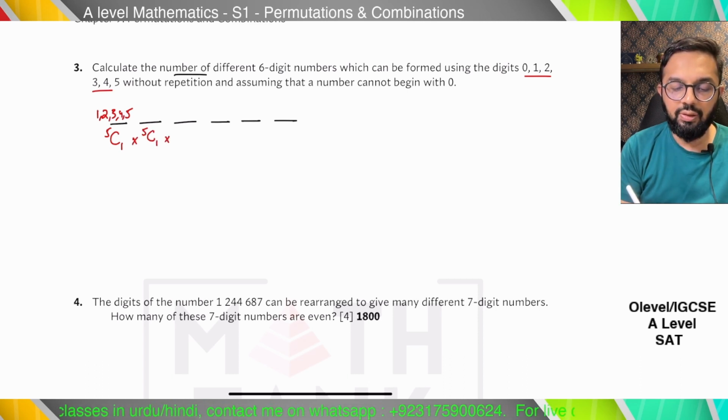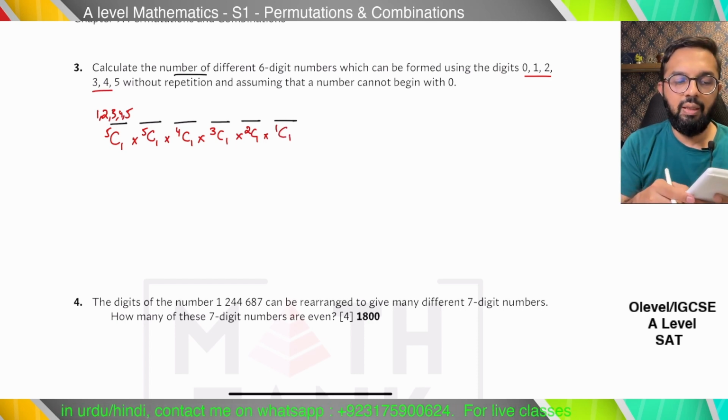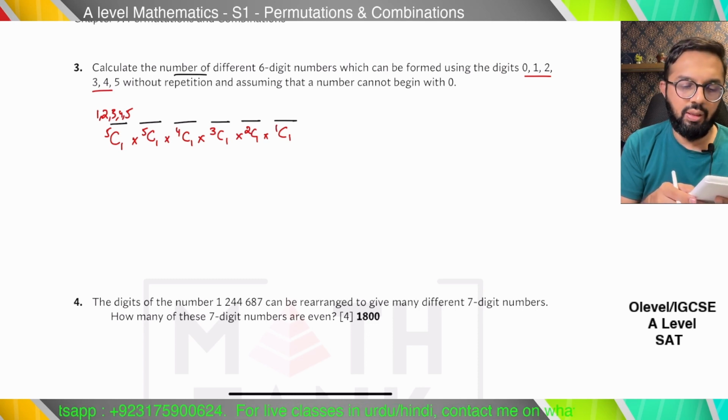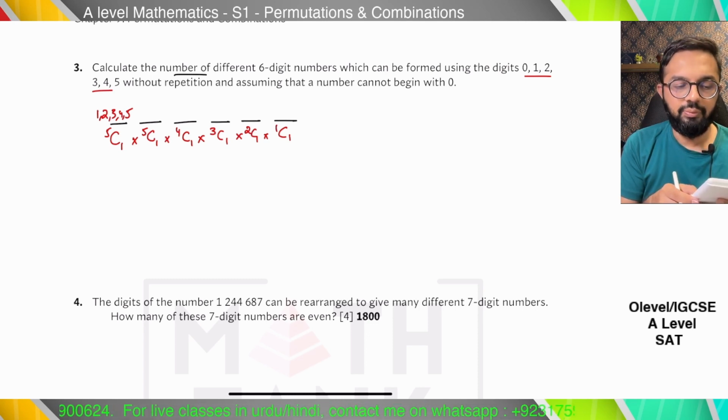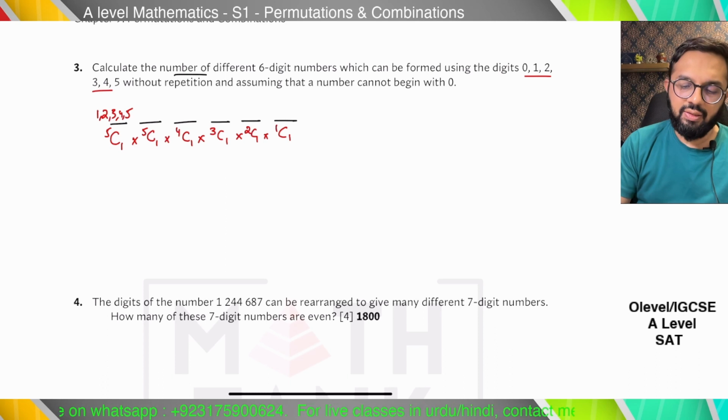So another 5C1, then a 4C1, then a 3C1, then a 2C1, and a 1C1. Okay, what does that give me? Remember that 4C1 is 4, 3C1 is 3, and so on. If you remember that, I get a total of 600.